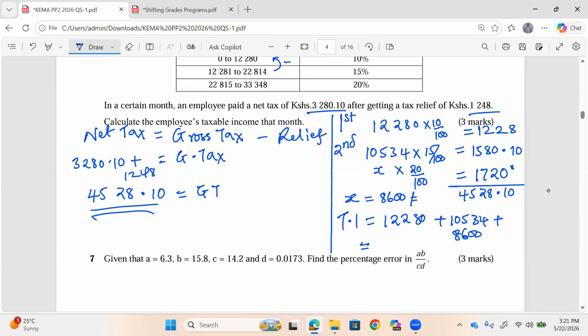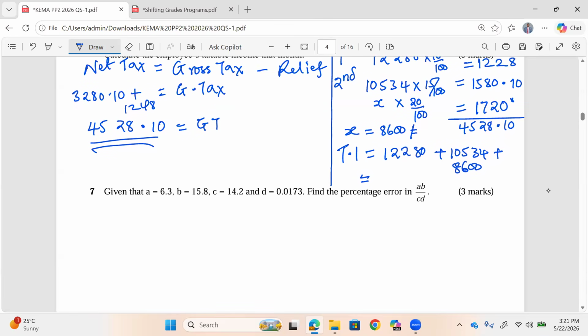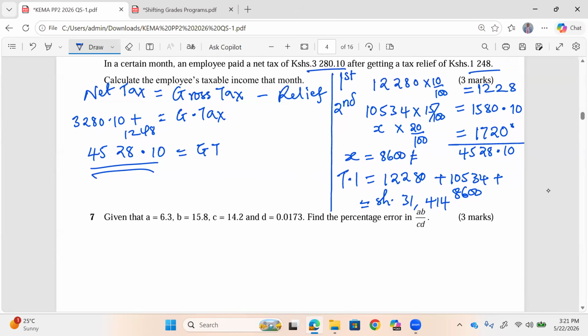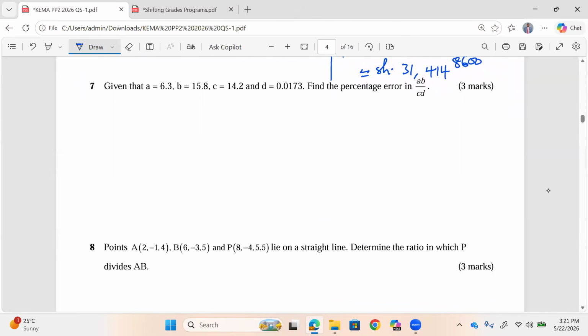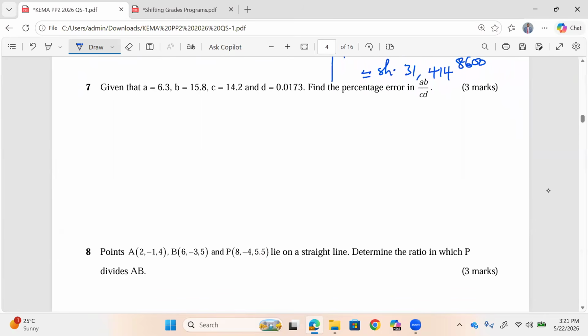So we can add them up, and this gives us 31,414 Kenya shillings. This is a very good question. We call it back taxation, or rather reverse taxation. Can we check 7? Yeah, we can check 7. Why not?